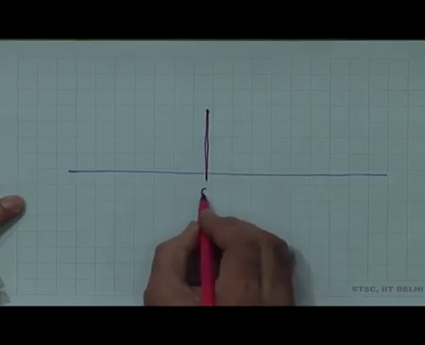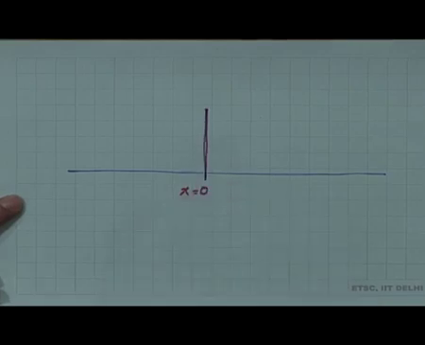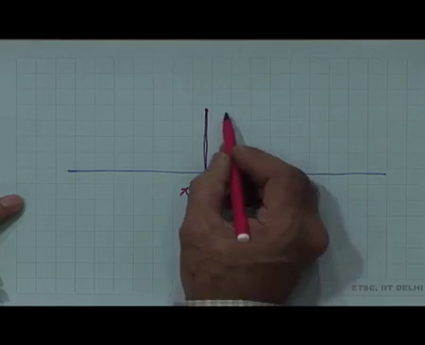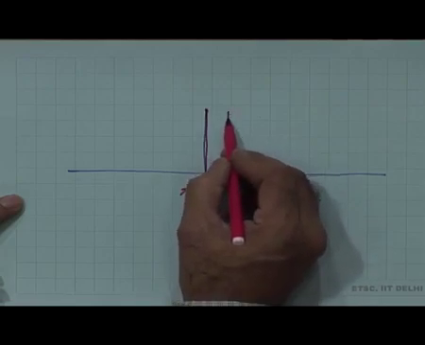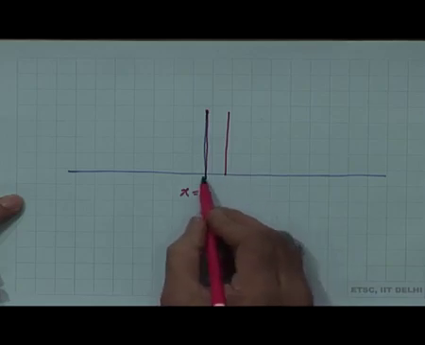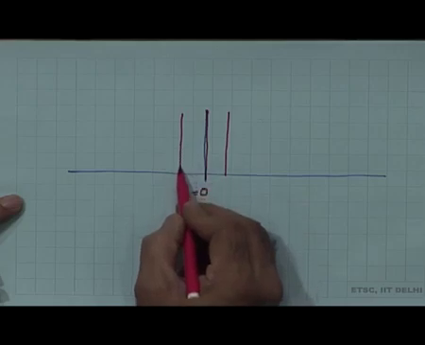So this is the point O, x is equal to 0. This is the central fringe. Now, what is given in the problem is that a bright red fringe is seen at a point on this side as well as on the other side.